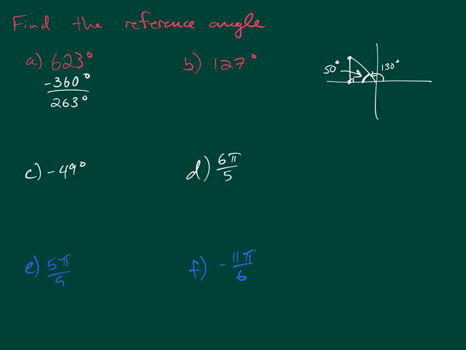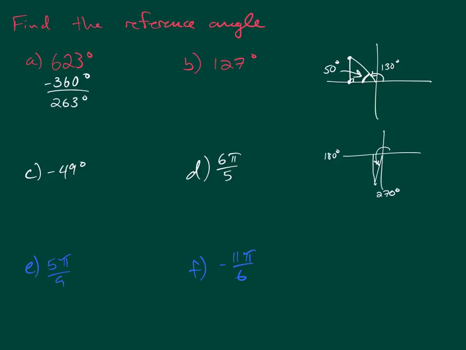So, over here, off to the right, I'm going to draw another little diagram, just so that you can see a picture of this. 263 degrees is between 180 and 270 degrees. The question is, what is the angle that is made by the radius and the x-axis here?